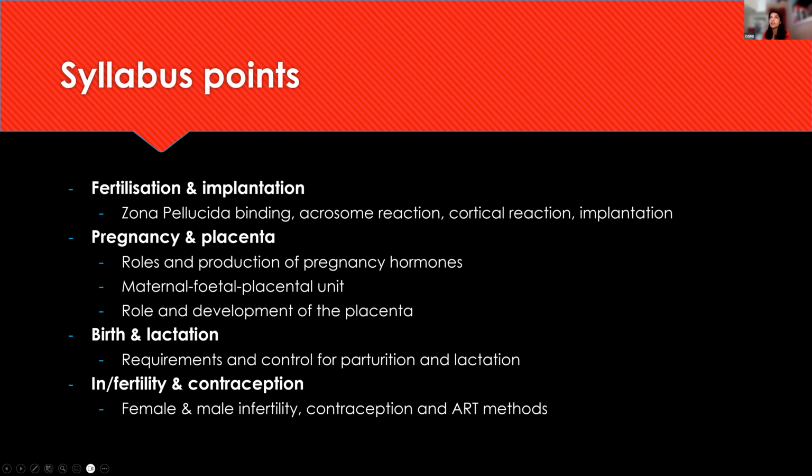I have included a lot of diagrams because I find it quite useful myself to learn from diagrams. If you do choose to write essays on this, it would be a good idea to add in as many diagrams as possible to save on typing and words, and then you can refer to them in the essays. So it's really good.